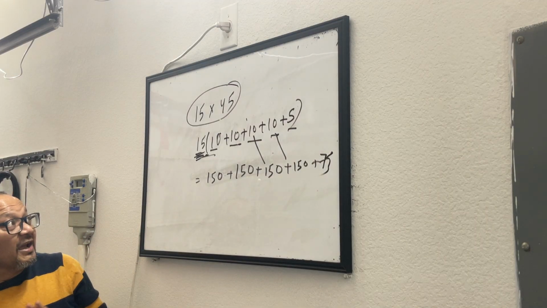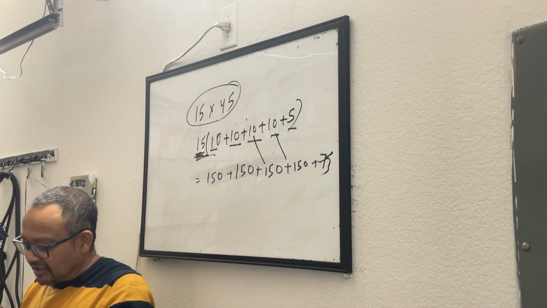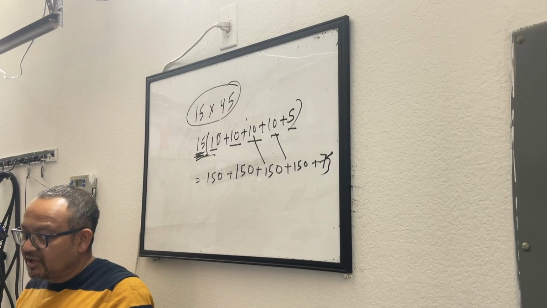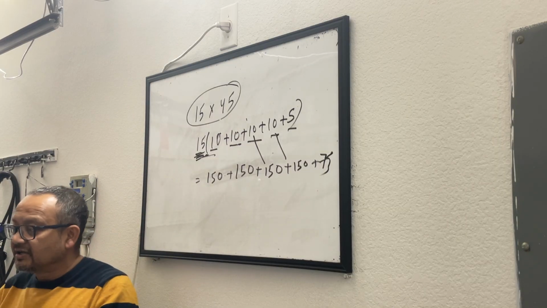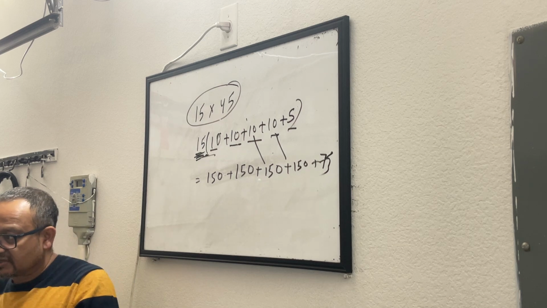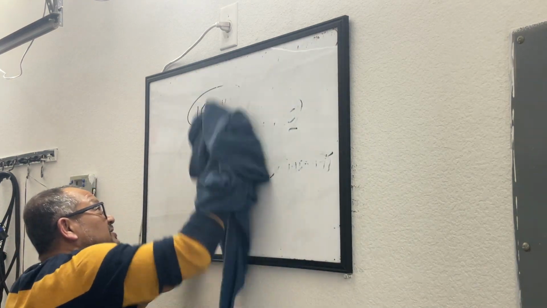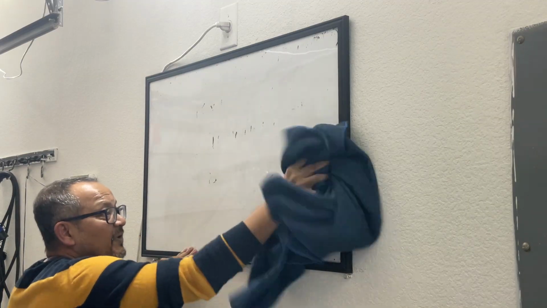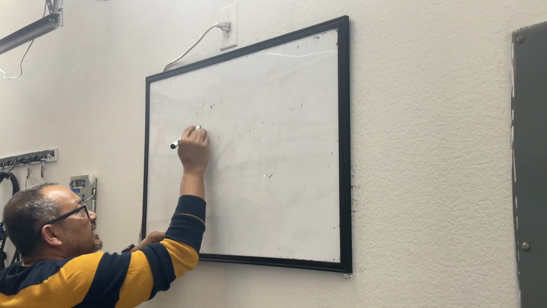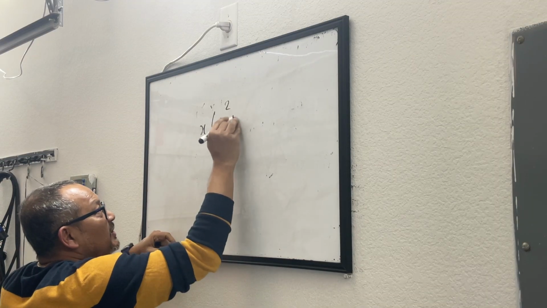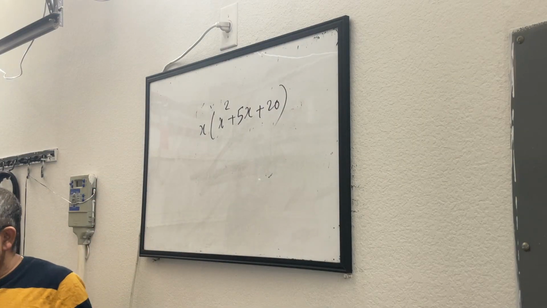Now the thing is, is the distributive property limited to numbers only? No. It has no limits. Meaning you can use distributive property for dealing with numbers as well as dealing with regular expressions. So in the last class, what we saw was, if we have to multiply, let's say, x with x squared plus 5x plus 20, it works the same way.